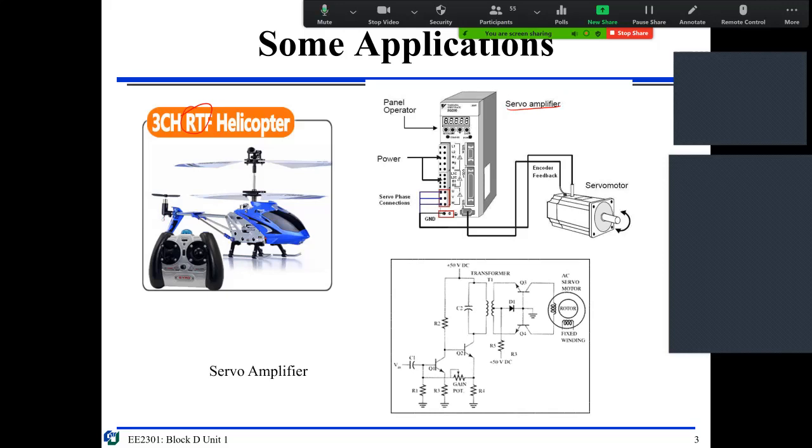So basically, we are going to learn something here regarding the servo motor, because it's AC, so you need a switching circuit. This is a transistor, this is a transistor, this is also a transistor, this is also a transistor, this is a diode.